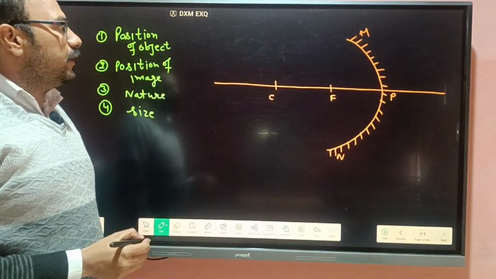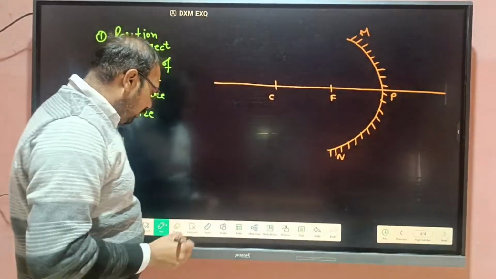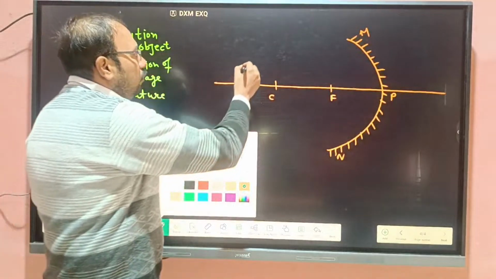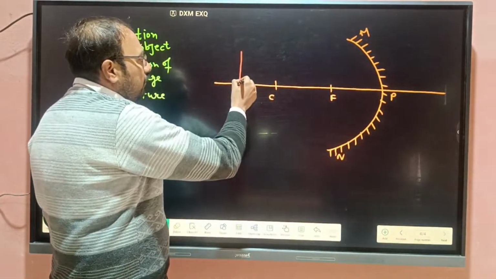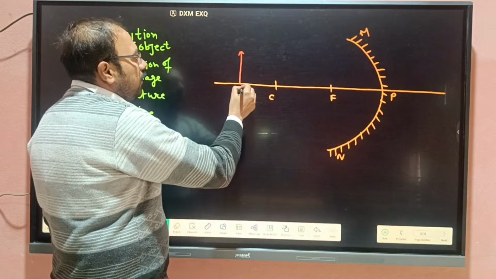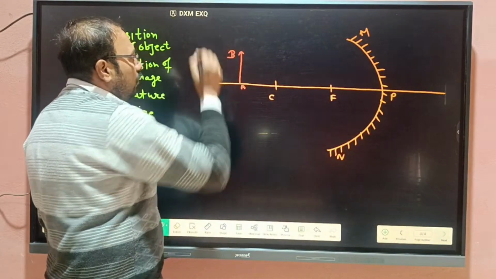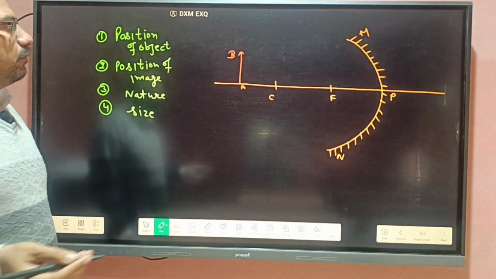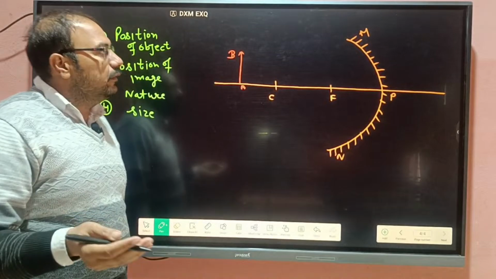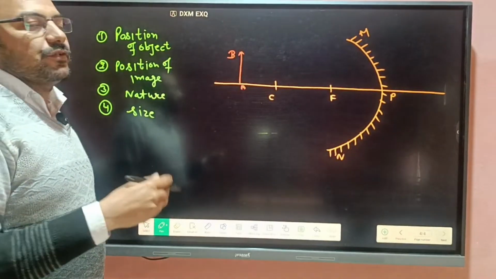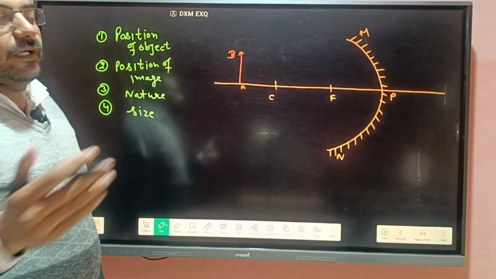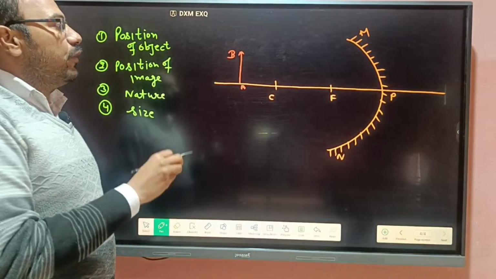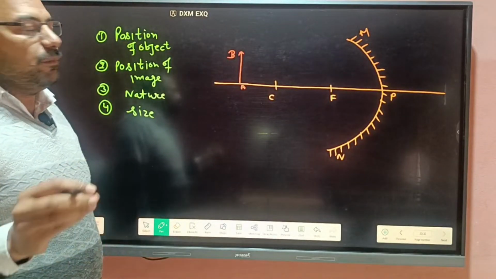We put the object here between infinity and C, and this object is named AB. Here a number of rays are generated, but we take only 2 rays for simplification. When these 2 rays cut after reflection, the point where they intersect is the point of image formation.